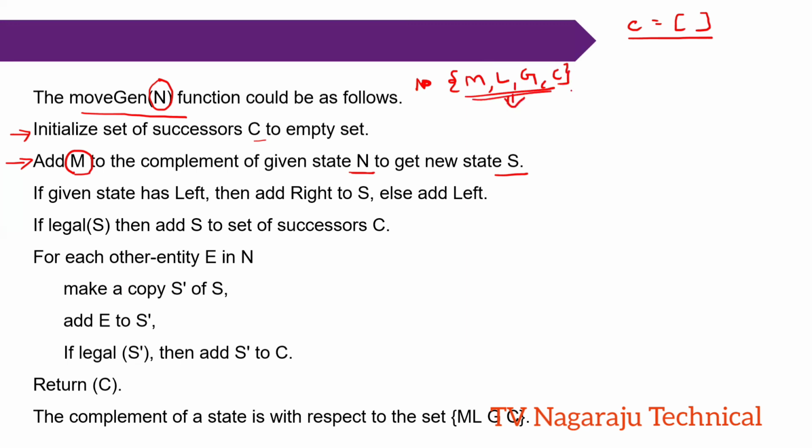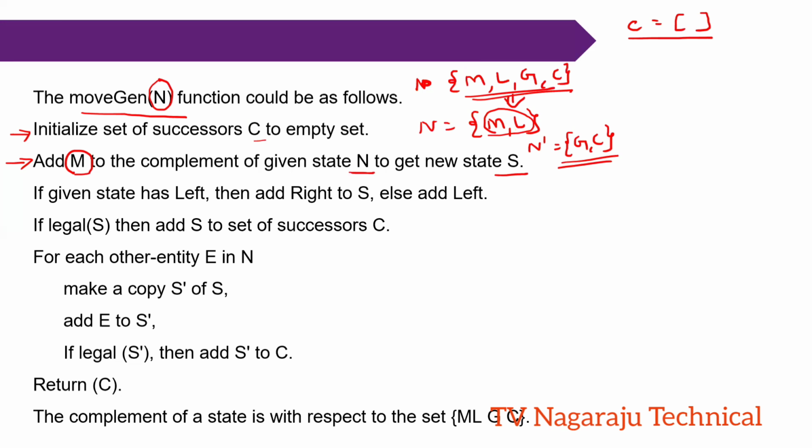If this is the full state, and N consists of M comma L, now the complement is G comma C. I think you understand the meaning. Whatever is available in the full set, except what is in N, is available in the complement.